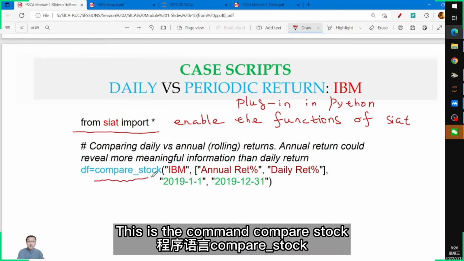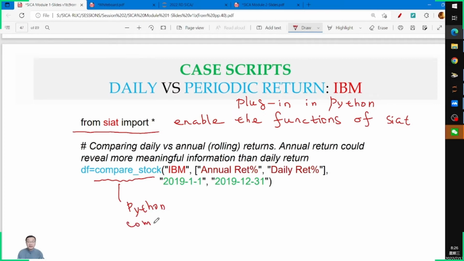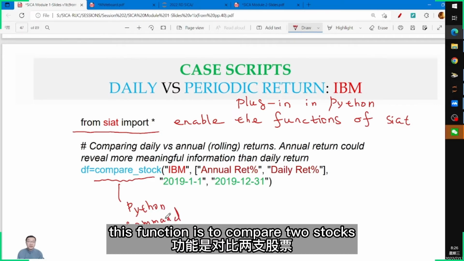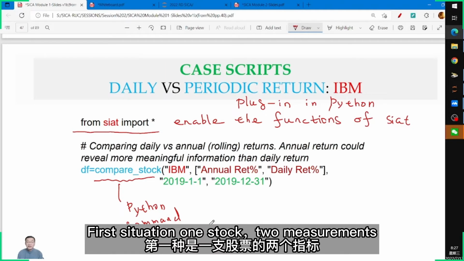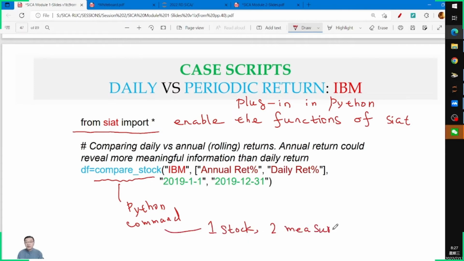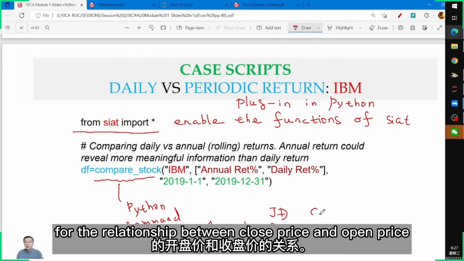This is the command compare stock. It's a Python command. Its function is to compare two stocks between two measurements, two situations. First situation, one stock, two measurements. For example, we compare Jingdong stock for the relationship between close price and open price.